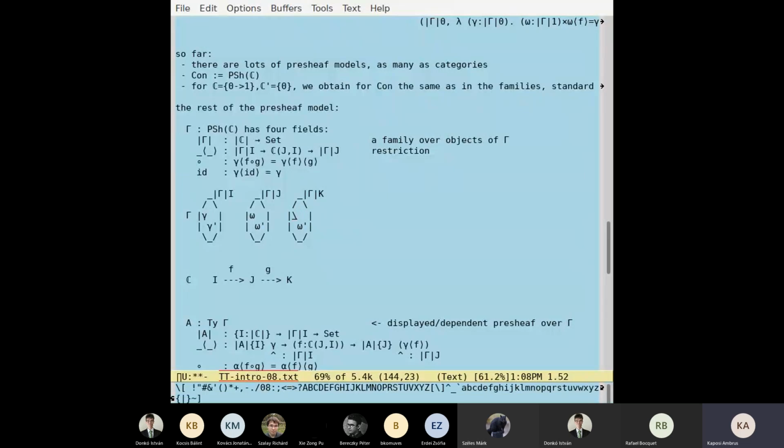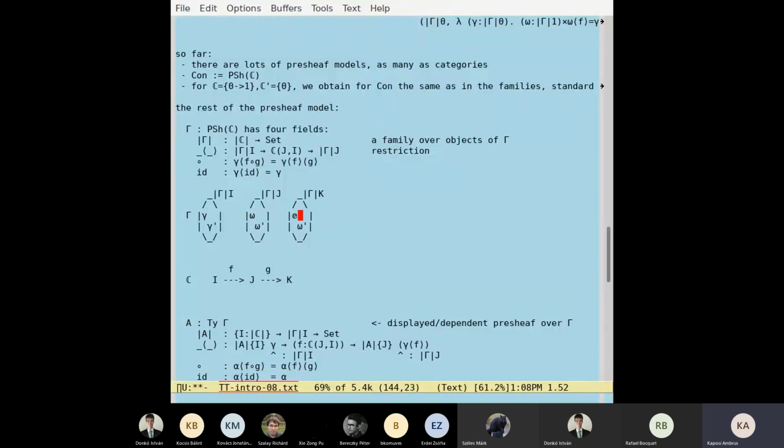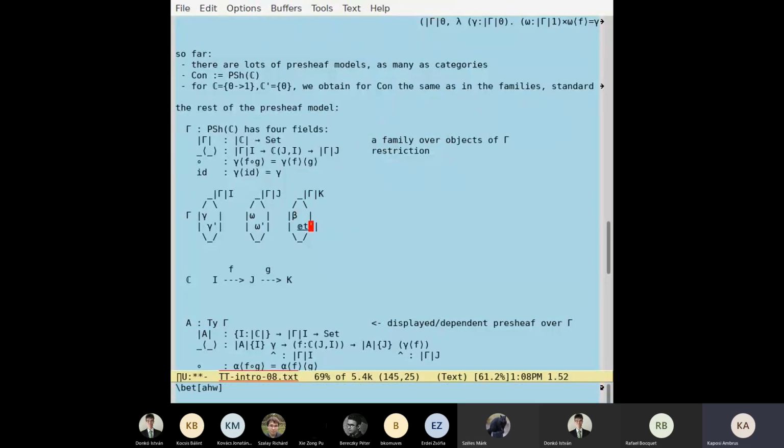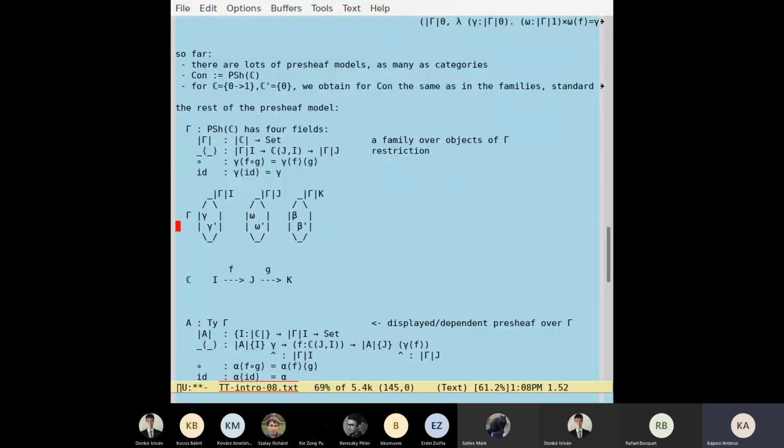Okay, so I call this, I don't know, beta prime. These are some elements, okay. So I described the sets, and then I have this restriction. So for each morphism, I can go in the other direction between these sets. So for example, I have a function from this set to this set, and it was named restriction by f, right?